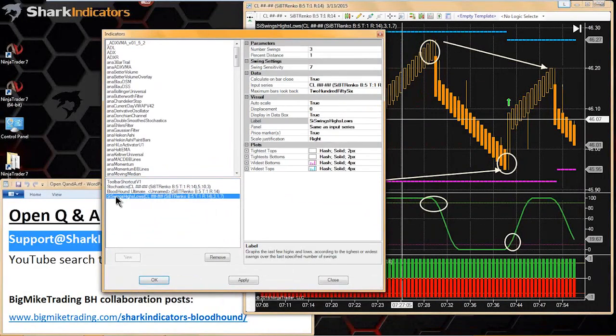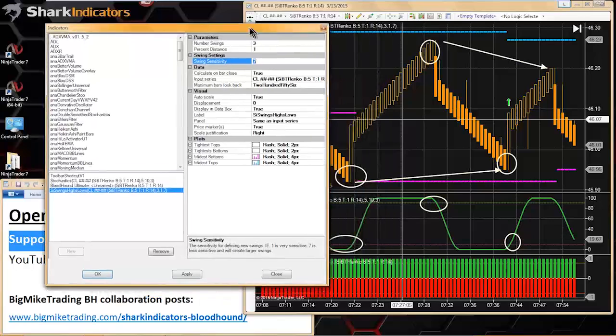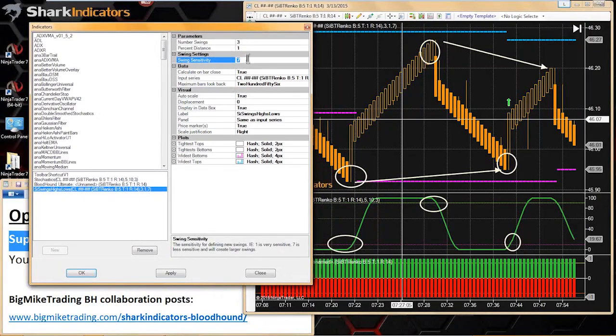For the SI swings high-low, I had to set my swing sensitivity to 7. I had to bump that up a little bit. When it's set down to its standard 3, or even a little higher, 4 and 5, it came up with some intermediate swing points for some reason.